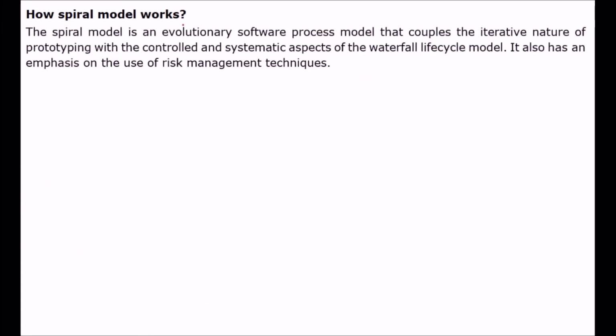How does the spiral model work? Spiral is an important model. This is an evolutionary software process model that couples the iterative nature of prototyping with the controlled and systematic aspects of the waterfall lifecycle model, which gives rise to spiral.